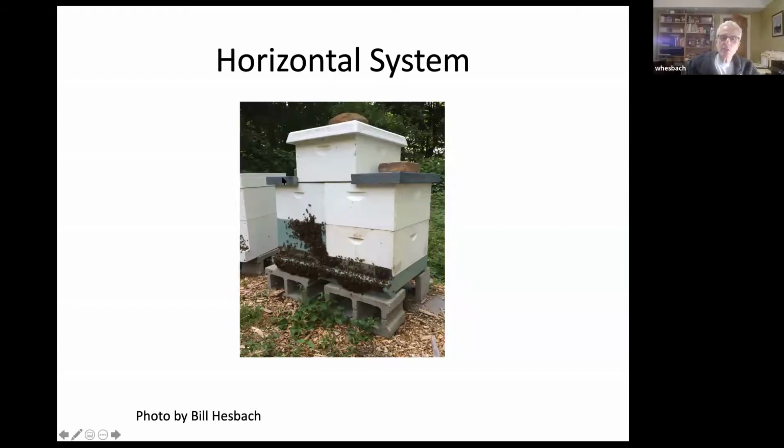And on this side, this colony was a little bit weaker and didn't build any honey at all in this side and stayed down here and plugged this frame out with honey. So a horizontal system is a great thing to look at. It's fun to build one. It's fun to run one, but they don't necessarily work the same as a vertical system. In a vertical system, you almost always get a really high production of honey.